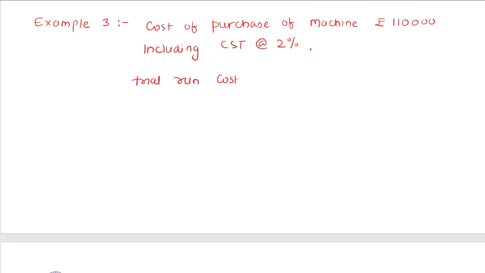Trial run cost was also given over here, that is 5,000. Installation expenses is also given, which is 10,000. Freight, kindly record freight, 4,000.